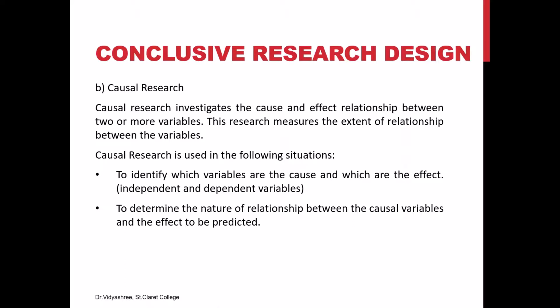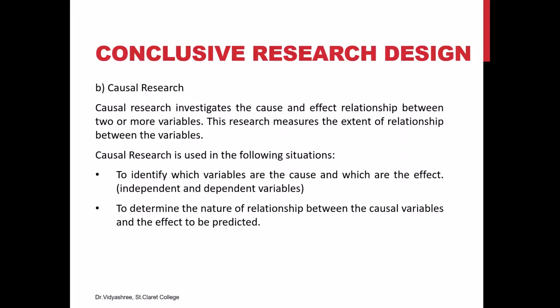This causal research is used when the researcher wants to identify which variable is the cause and which variable is the effect. That is, when he wants to identify which variables can be termed independent variables and which can be determined as dependent variables, he will conduct causal research.